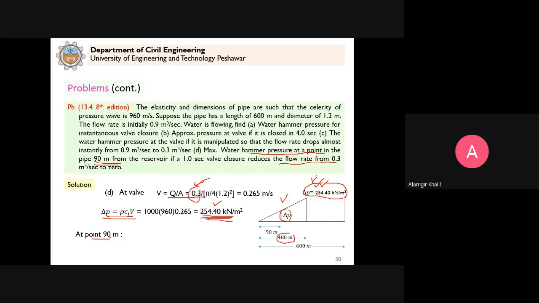At 90 meter, delta P will be equal to similar triangles, 254 divided by 480 equals delta P by 90. So 90 comes here, 47.7 kilopascal, kilonewton per square meter. This will be the pressure that will develop at 90 meter from here due to the water hammer, but it will not reach 254. Why? Because it tried to reach 254, but the unloading pressure wave has reached, and it will keep it to 47.7 kilonewton per square meter.